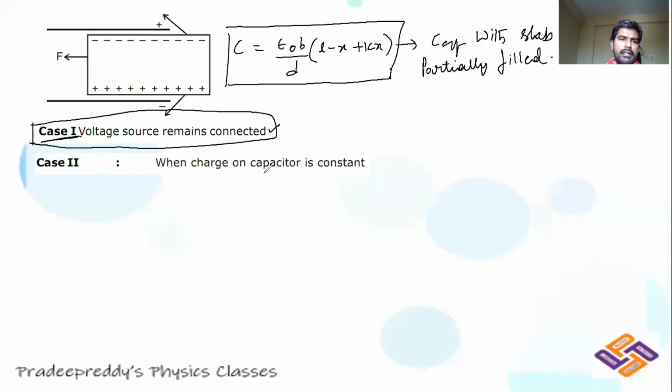Students, we have learned in case 1 that the force acting on the dielectric slab is independent of X when the voltage source remains connected. F is independent of X. It only depends upon K. Now let us learn in case 2 what would happen when the charge on the capacitor is constant. When the charge on the capacitor is constant, it means that the battery is disconnected.